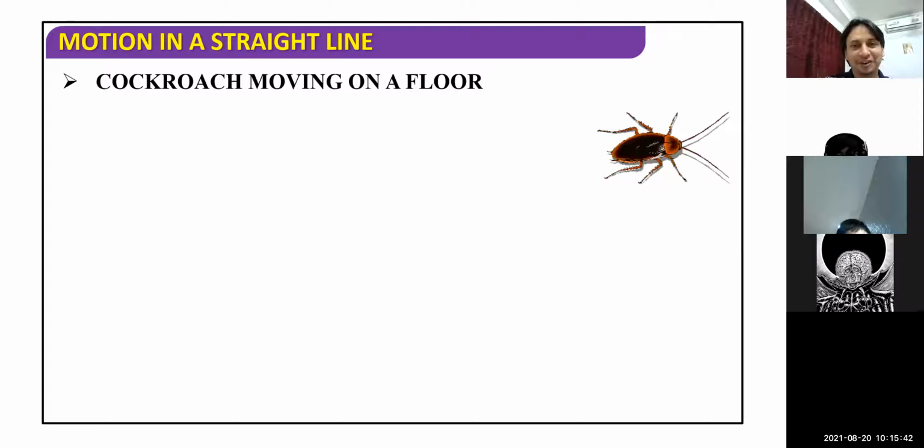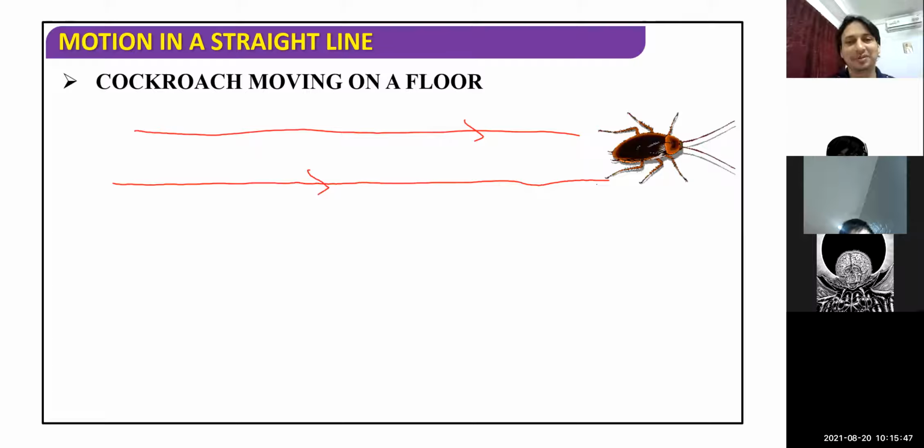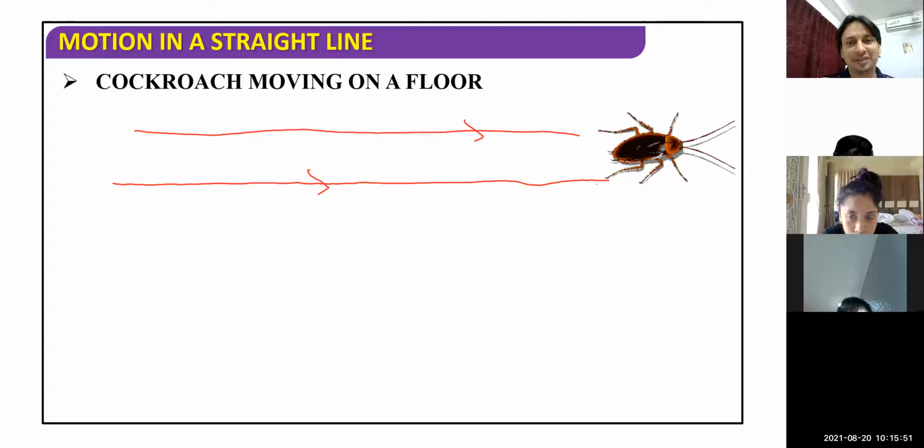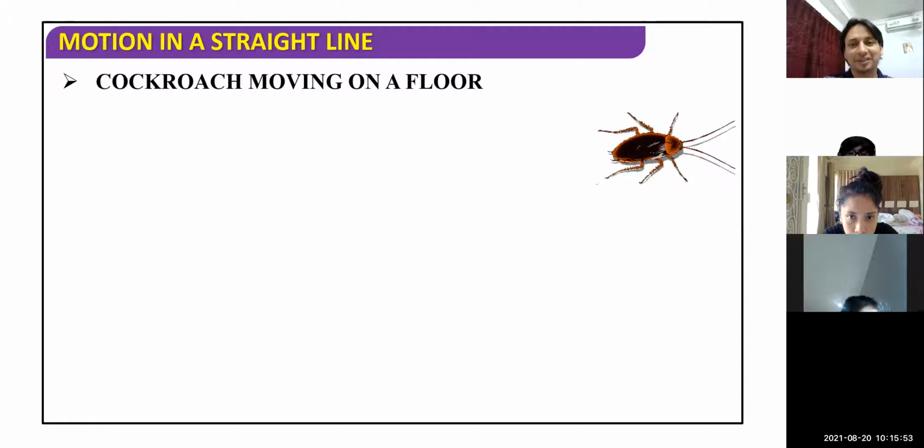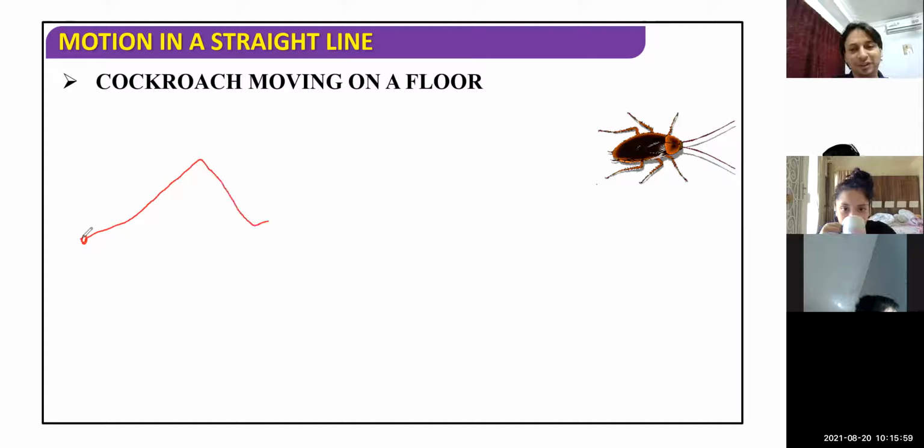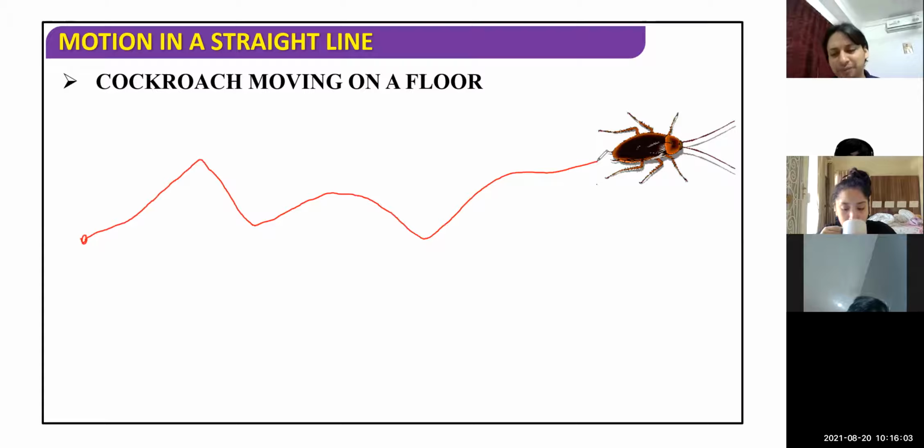Here, if I try to draw, sometimes diagonal. Its path started from this point, something going here, then this, that, and some type like this.